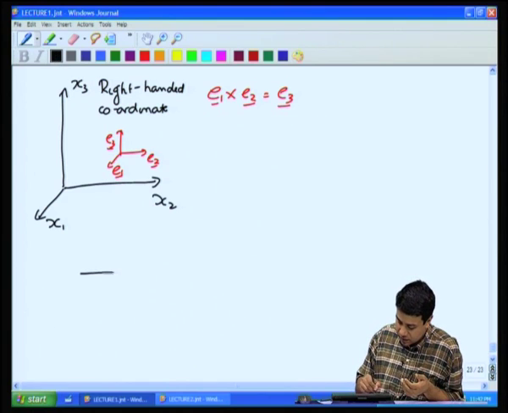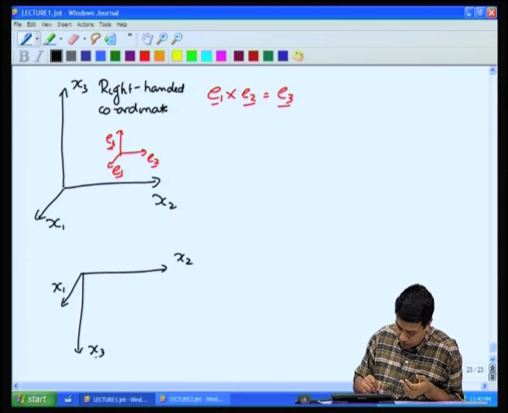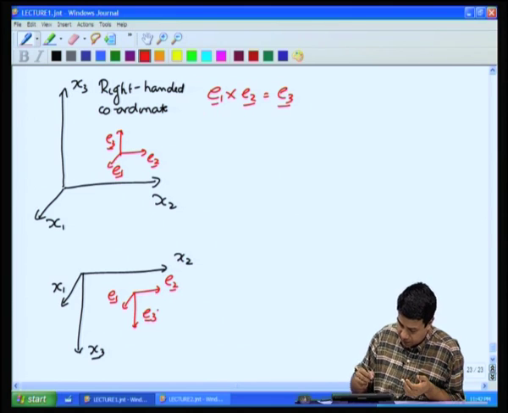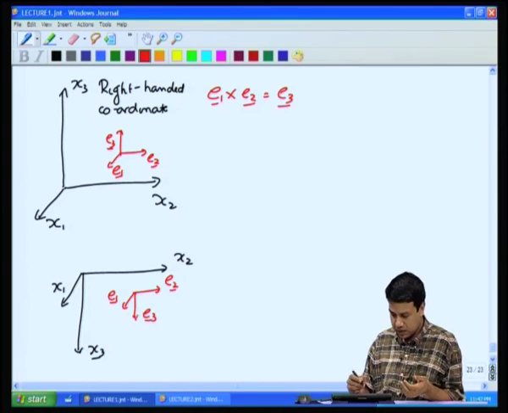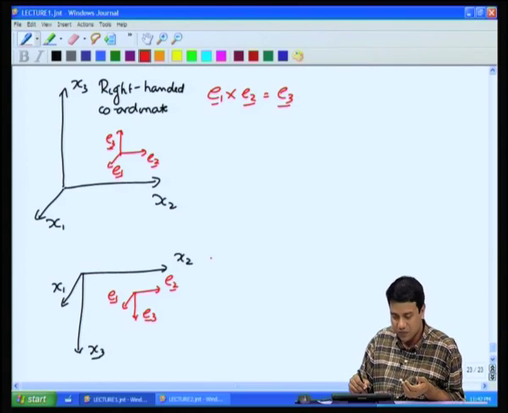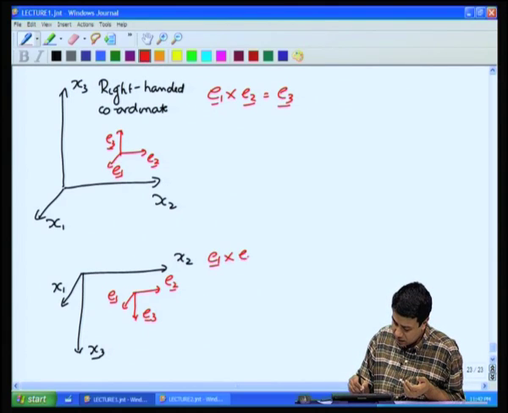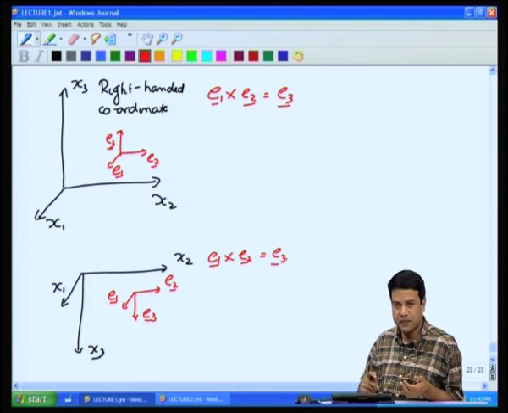So if I chose a left handed coordinate system, then my unit vectors would be E1, E2 and E3. In this case as well, we know that E1 cross E2 is equal to E3.